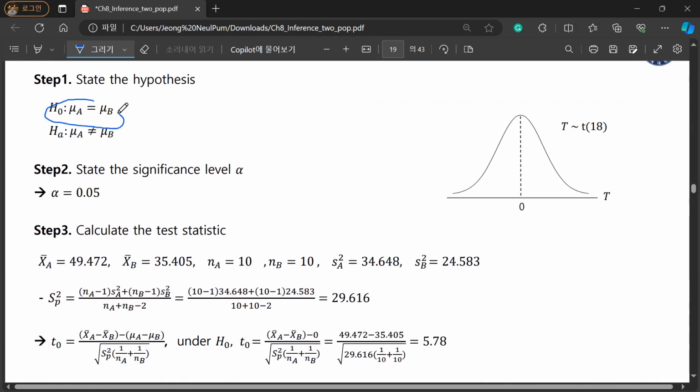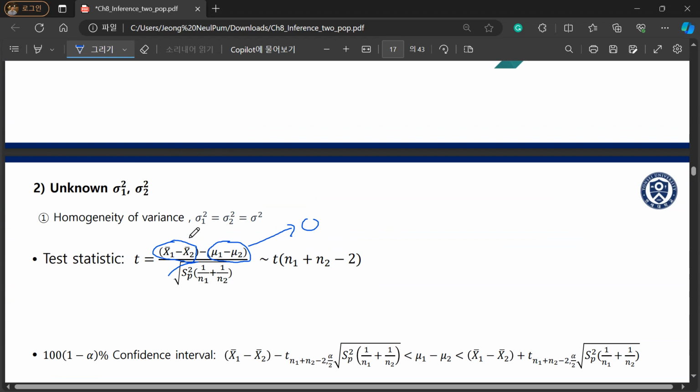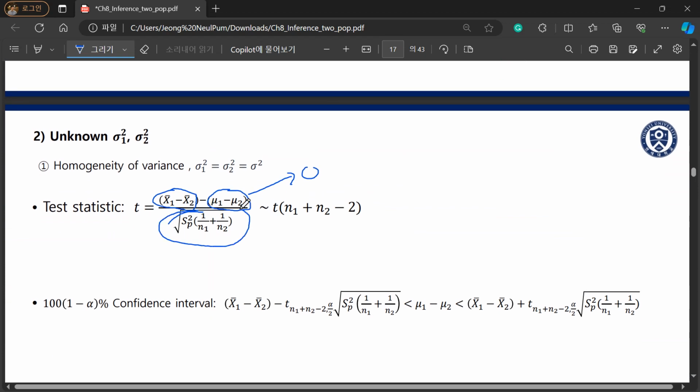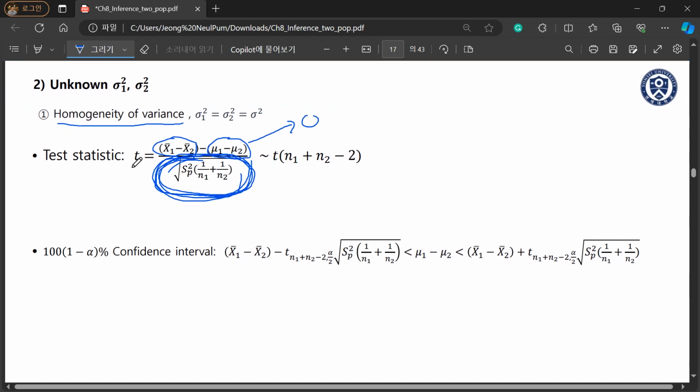Here in the null hypothesis. And this is the normalizing constant, so we have to calculate this value when we deal with the homogeneity of variance. It is well known that this test statistic follows the t distribution with this degree of freedom.